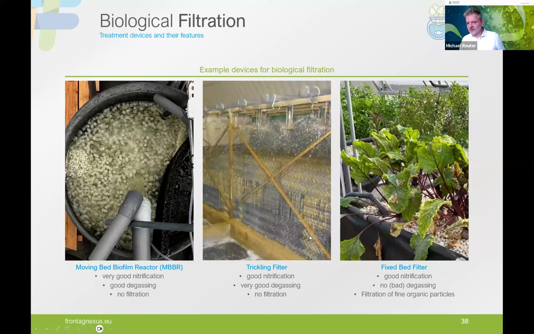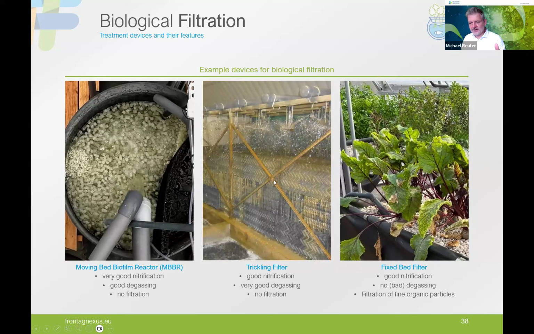Then we have trickling filters where the water trickles down from spray nozzles above the filter through a huge surface body of plastics that are fixed. This also has very good nitrification, very good degassing, and no filtration characteristics.